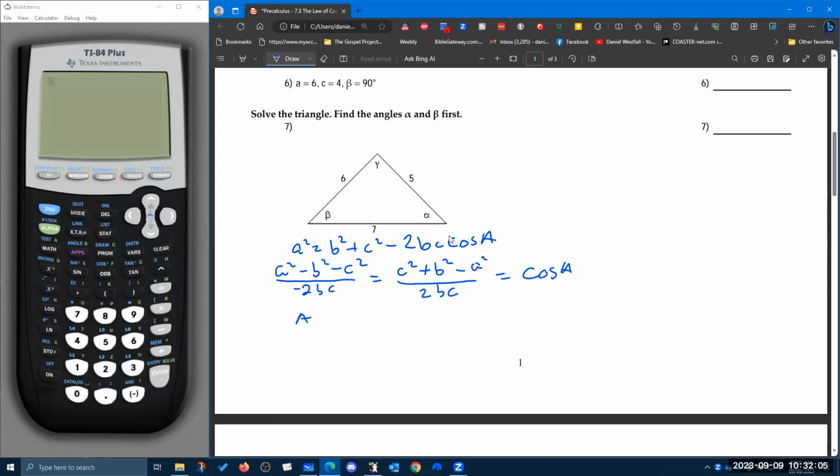So alpha is equal to arc cosine of c squared plus b squared minus a squared over 2bc. This is going to be arc cosine of c squared is 49, b squared is 25, a squared is 36, over 2 times b times c, 10 times 7 is 70.